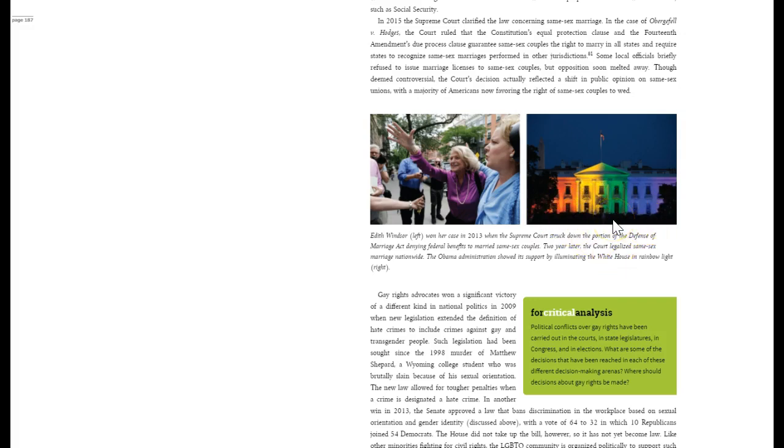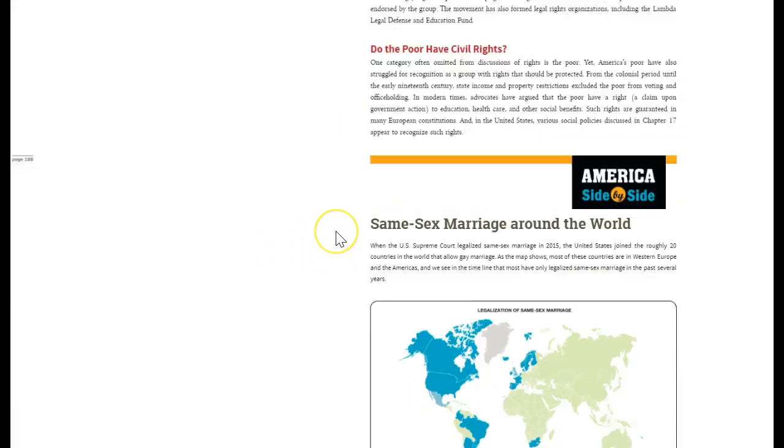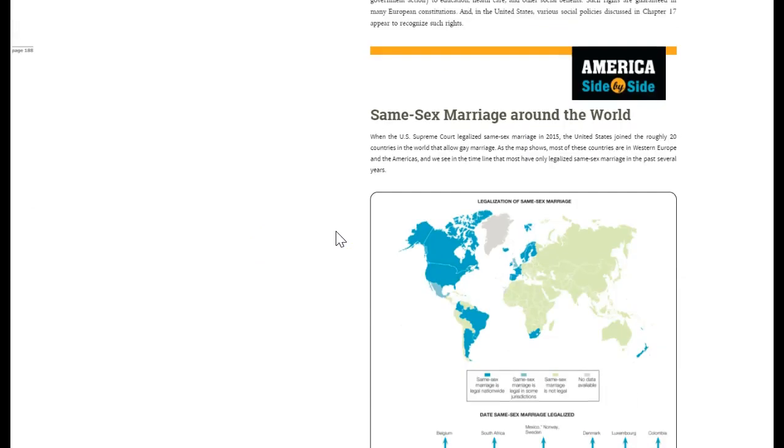We know that Obama himself ran against same-sex marriage when he was campaigning. He said that he does not support this. But then, of course, he has the White House lit up in rainbow light. It's obviously celebrating this, and it doesn't have to do that.